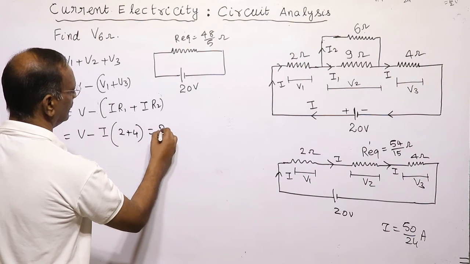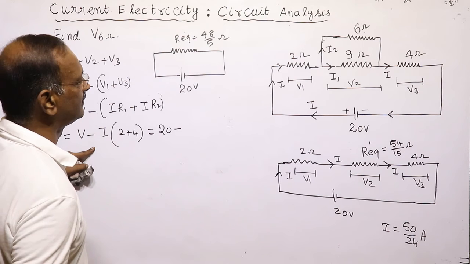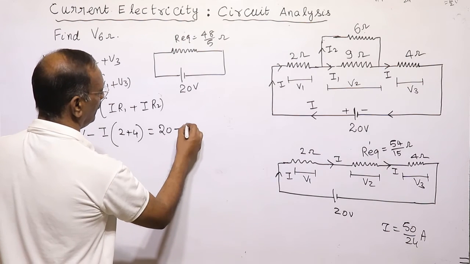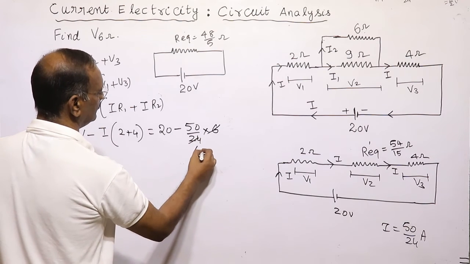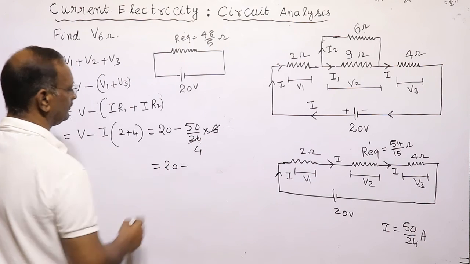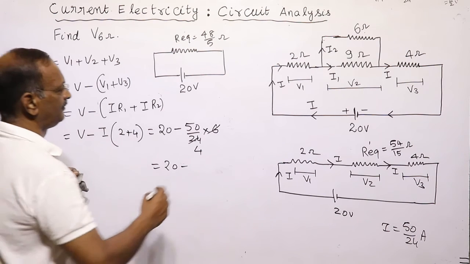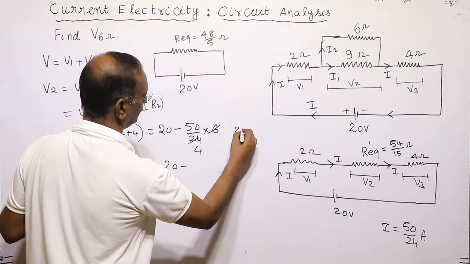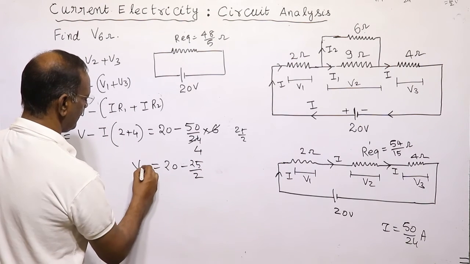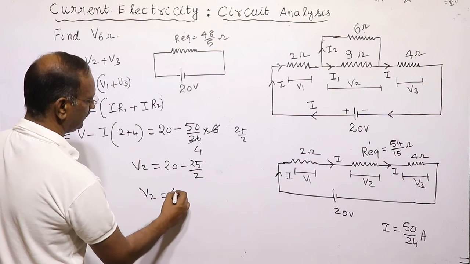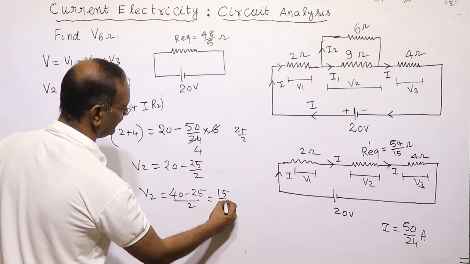V is equal to 20, applied voltage 20, I is equal to 50 by 24, into 6, equal to 20 minus 50 by 4, which is 25 by 2. Or V2 is equal to 20 minus 25 by 2, is equal to 15 divided by 2 volt.